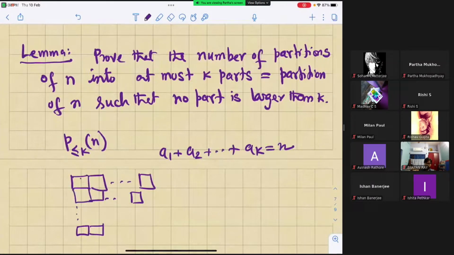If you take the length of the first column, the second column, and the last column, none of the columns will exceed k. So for every Ferrers diagram that satisfies the first property, you can construct bijectively another Ferrers diagram that satisfies the second property.